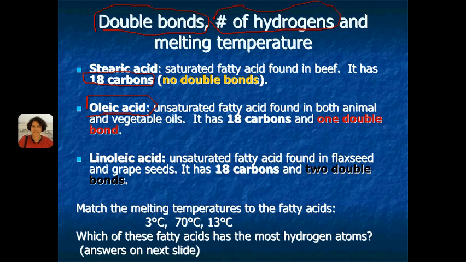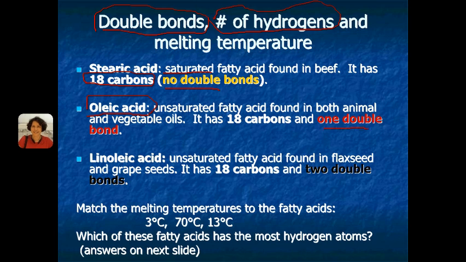Stearic acid is a saturated fatty acid that doesn't have any double bonds at all. So 18 carbon atoms with 0 double bonds. Oleic acid is an unsaturated fatty acid, but it has 1 double bond.